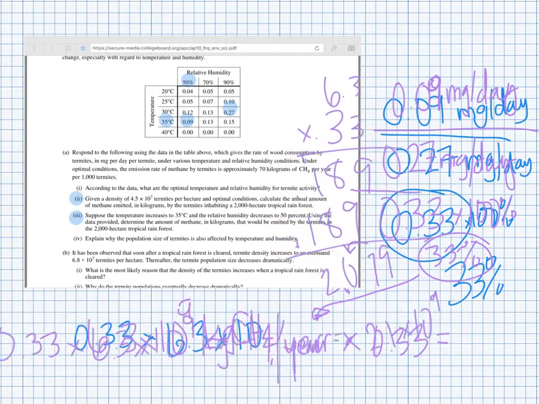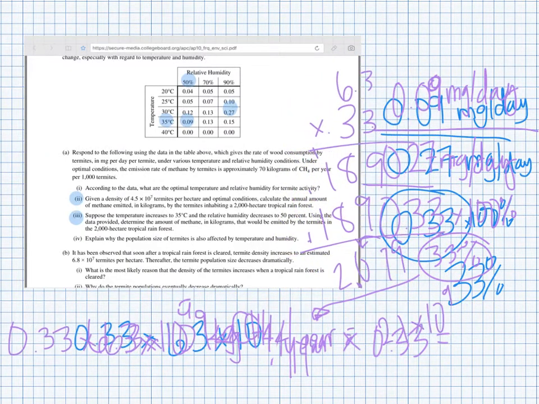And don't forget my units. 2.1 times 10 to the 9th kilograms CH4 per year. And that is how you find the answer.